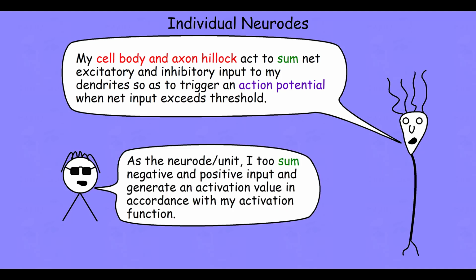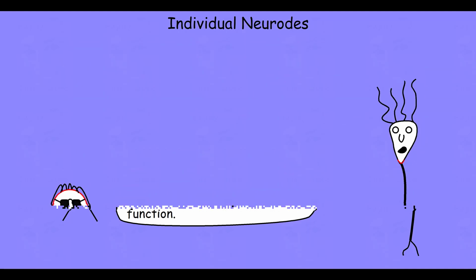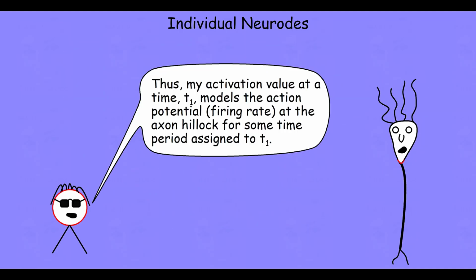We have a similar function with our individual units. They too can sum positive and negative input and generate an activation value in accordance with their activation function. Thus, the activation for any unit is the value for some particular time that models the action potential, the firing rate at the axon hillock for some time period assigned to that T1.